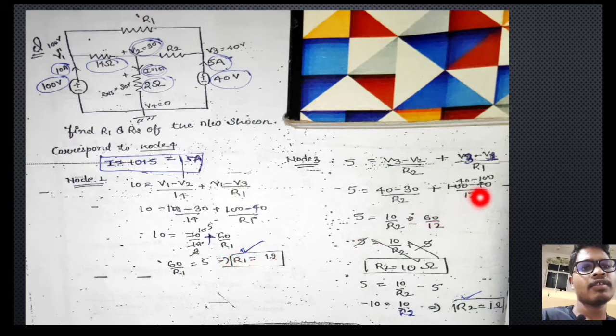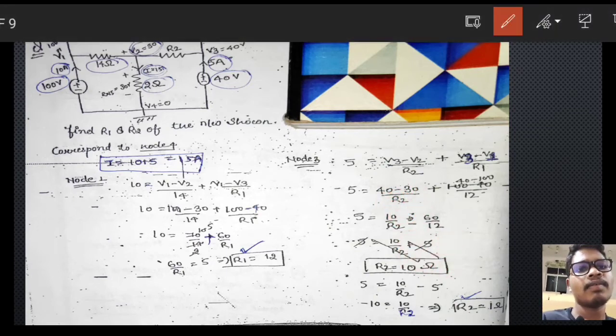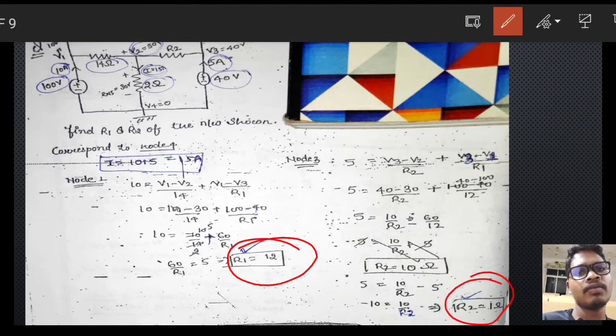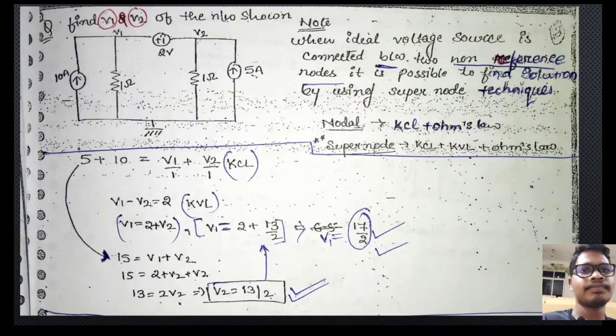So here the only unknown quantity is R2, so it is very simple to calculate. After calculating this, we will get the value of R2 is 1 ohm, and R1 is 12 ohm. So it is quite simple. This is your answer.